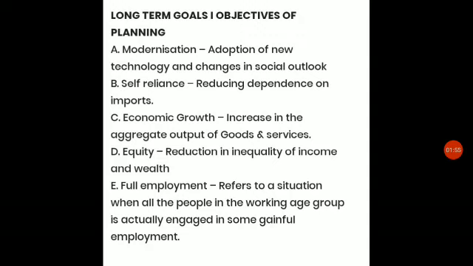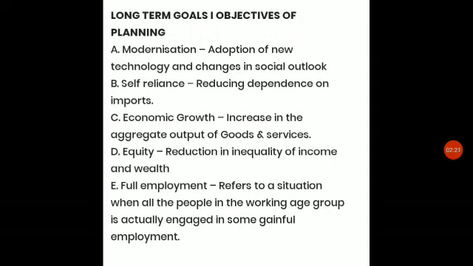Economic growth, an increase in aggregate output or national output. Equity, where assets, wealth and resources are equally distributed amongst the people such that the gap between the haves and the have-nots is eliminated.